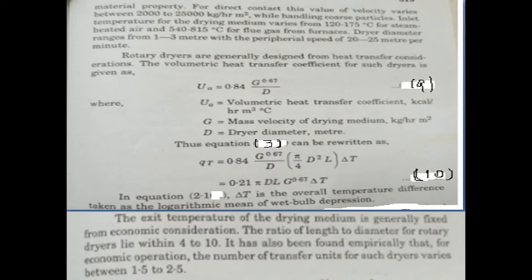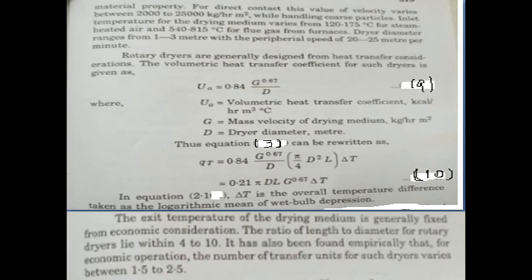Inlet temperature of the drying medium varies from 120 to 175 degrees Celsius for steam heated air and 540 to 815 degrees Celsius for flue gas from furnaces. Dryer diameter ranges from 1 to 3 meter, with peripheral speed of 20 to 25 meter per minute.